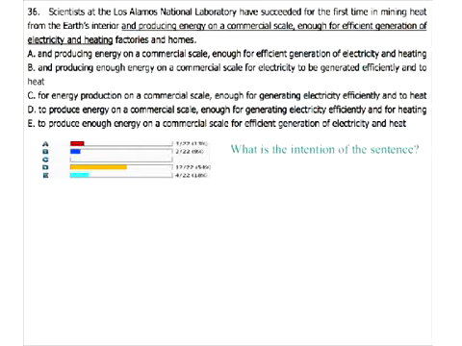So, tell me about these two things. Let's talk about mining heat from the Earth's interior and doing this. Someone tell me about those. Notice right now they're connected by the word and. Let's have a little conversation about that. Does that make sense? Chat box. Does it make sense to put an and there?